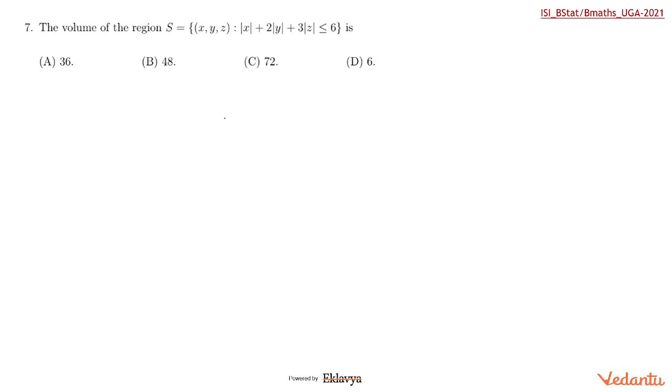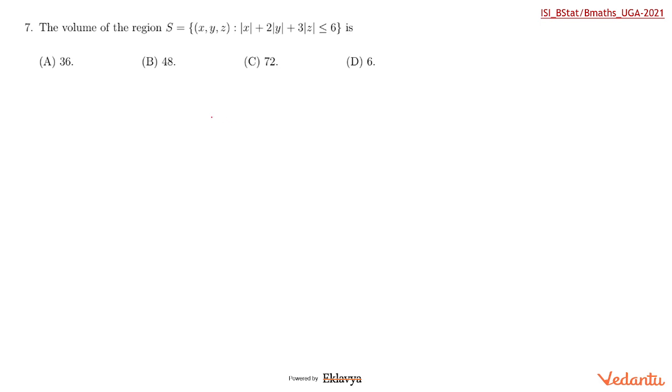If we can find the volume falling in the first octant, then due to the symmetry, because mods are there everywhere in x, y, z, all 8 octants will have the same volume.